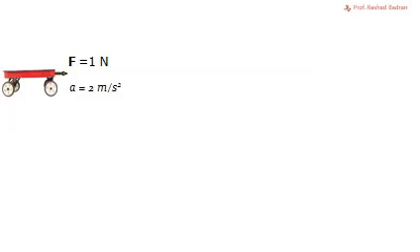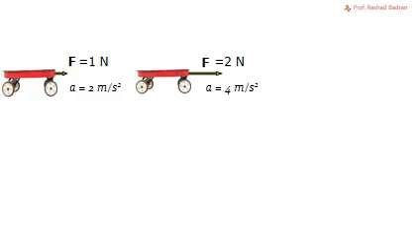Now again, a cart of mass m has a pushing force on it of 1 Newton, which gives it an acceleration of 2 meters per second square. When this force is doubled to 2, the acceleration of the cart becomes 4 meters per second square.